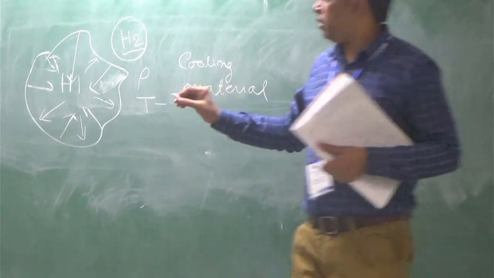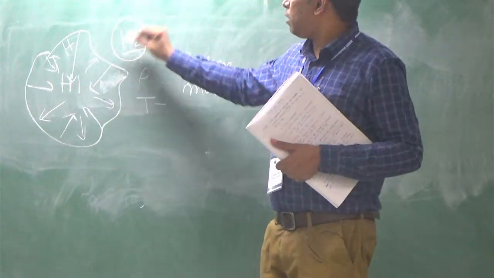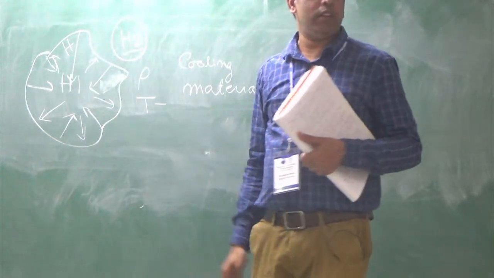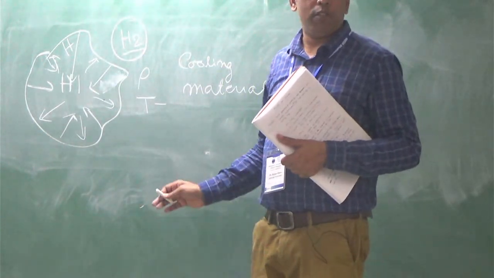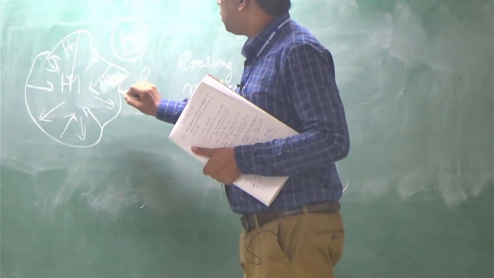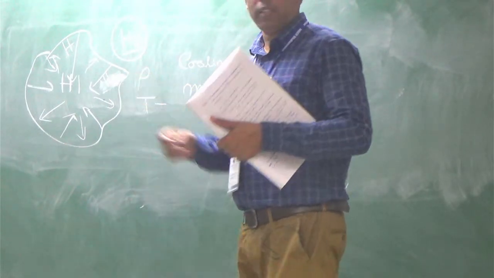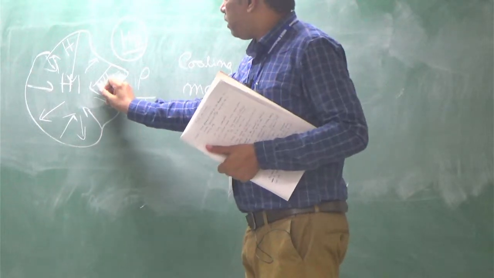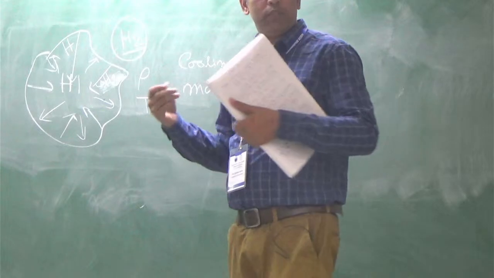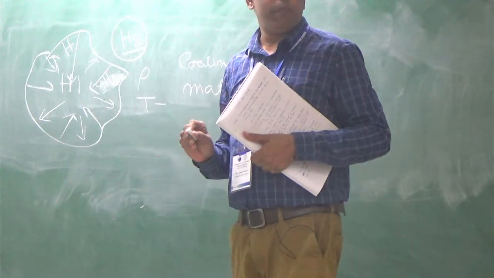So you have atomic hydrogen. You can also have molecular hydrogen as well during these initial stages of star formation. Now these hydrogen molecules can absorb some photons and dissociate themselves and leave the system, right?